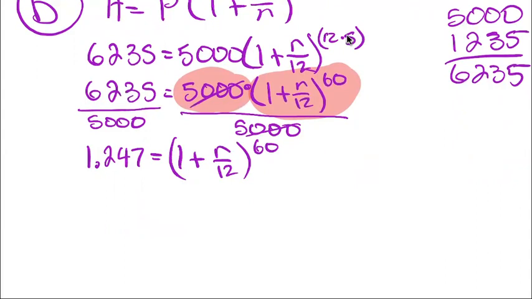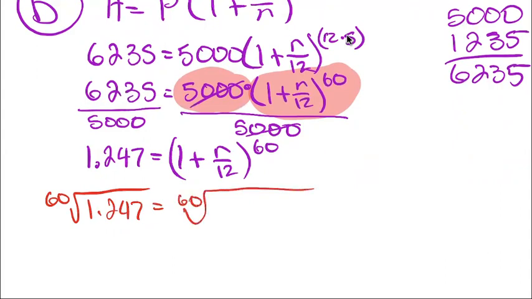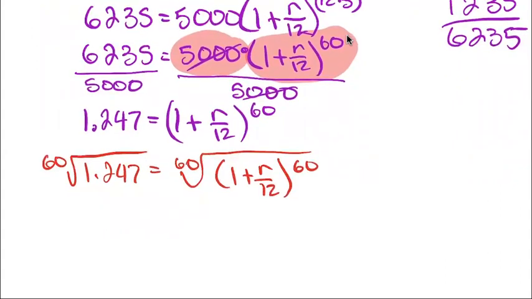So I should be able to, let's take a different color pen, take the 60th root of 1.247 is equal to the 60th root of this. And I would get the 60th root of 1.247.